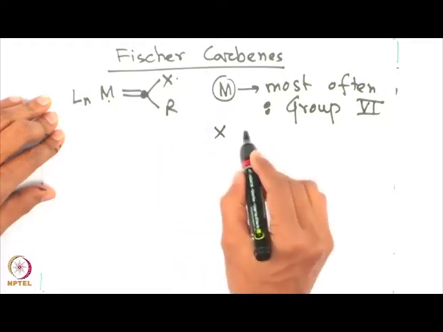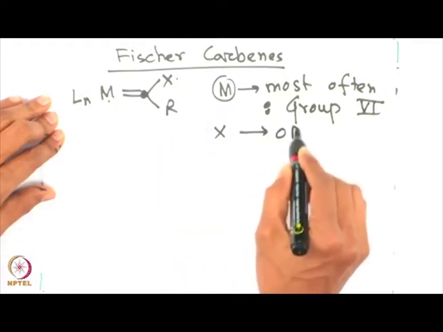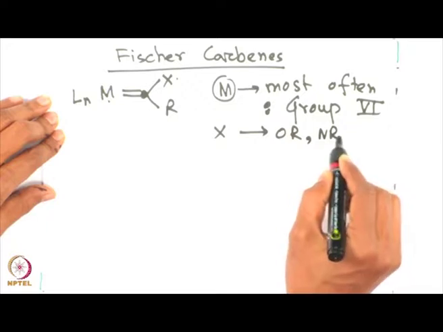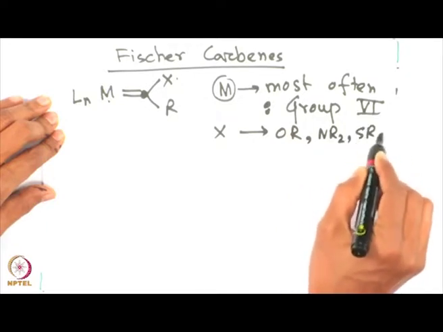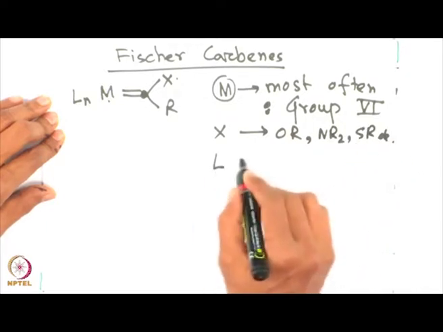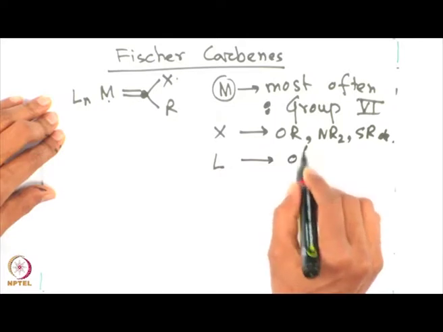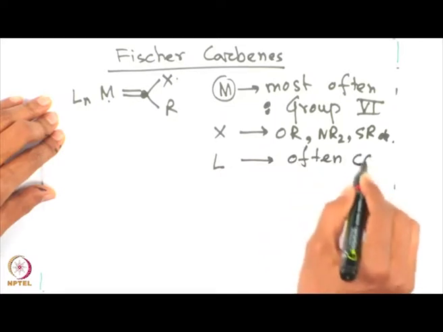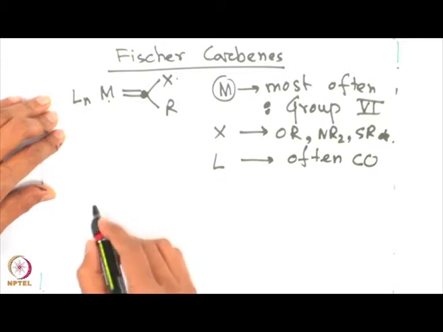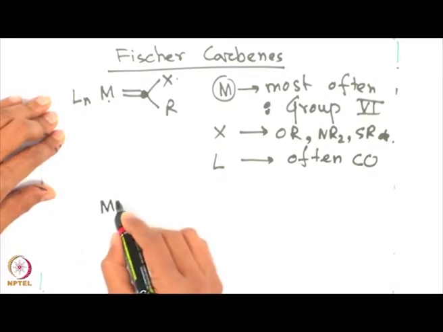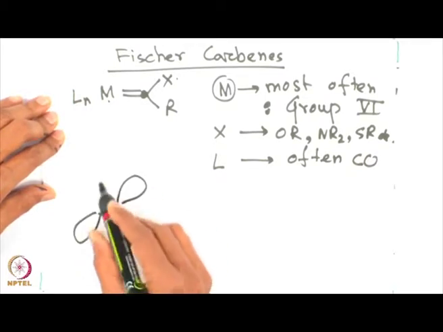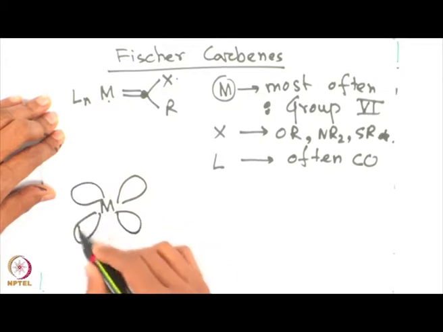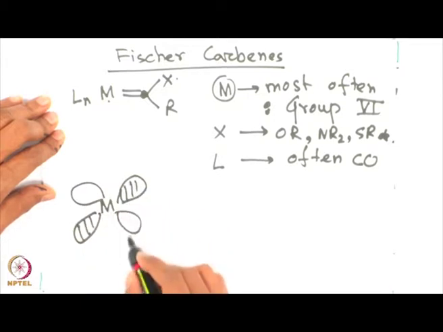X over here is usually alkoxide, NR2, SR, etc. Of course, L can often be CO, not necessarily always, but it is often CO. If you look at the metal electronic structure, of course, there is a d orbital on the metal, which is a filled d orbital.